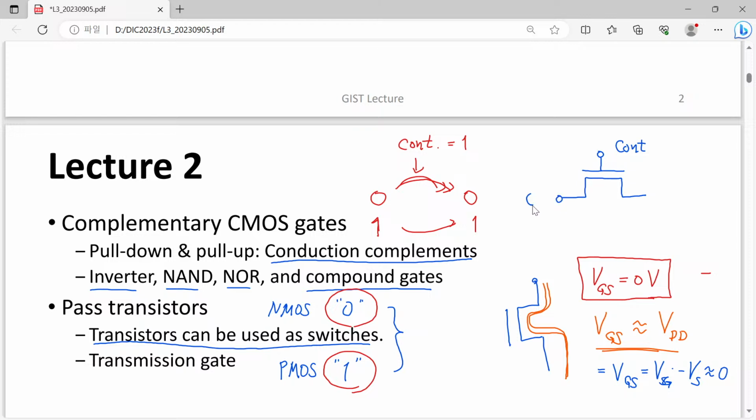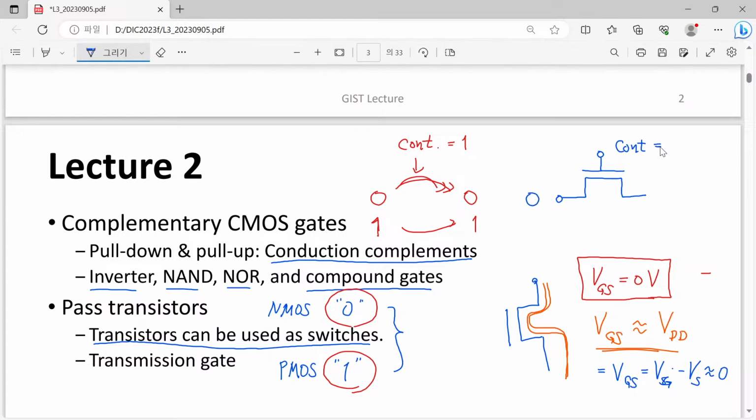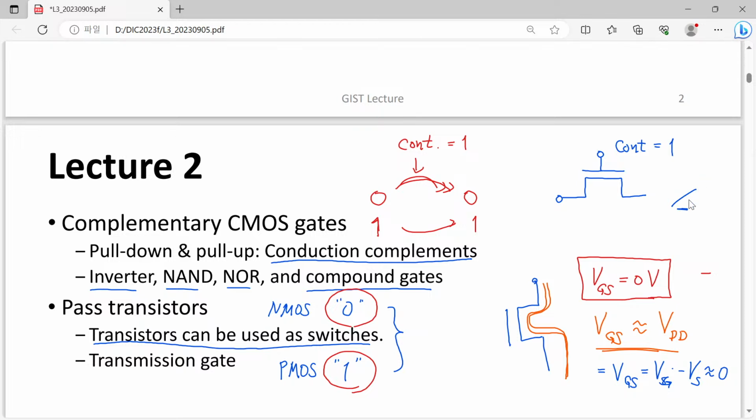If we have logical 0 and the control signal is high, or logical 1, then it is good at sending our 0 input to the output. Good. But if we have 1, then it's not that good. So it's not perfect. On the other hand, let me consider another one.